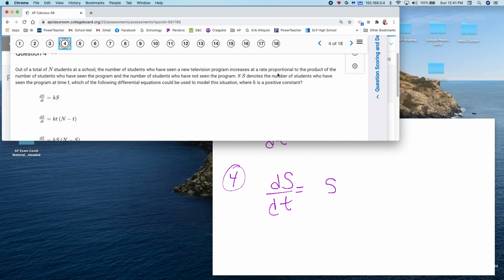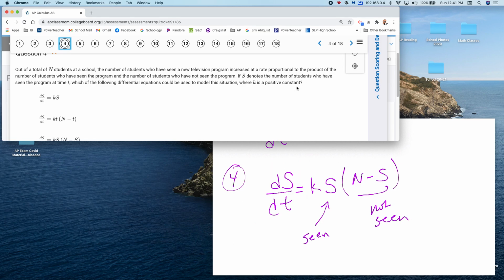So that's S. And the number of students who have not seen the program. So if S has seen the program, then N minus S is going to be not seen.